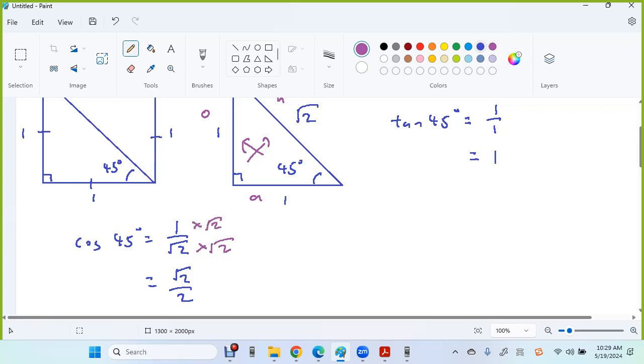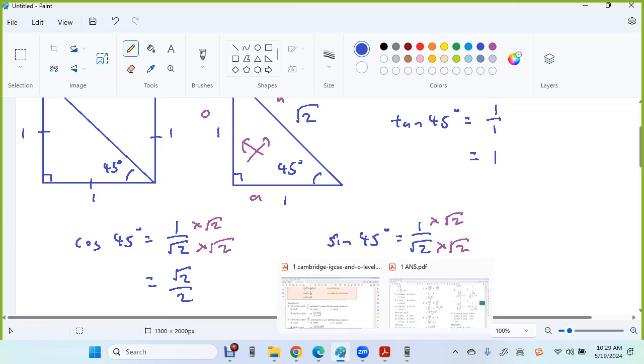And we have the sine 45 degrees is also 1 over square root 2. Then we multiply with the square root 2, and we have square root 2 over 2. So for 45 degrees, tangent is 1, and sine and cosine are square root 2 over 2.